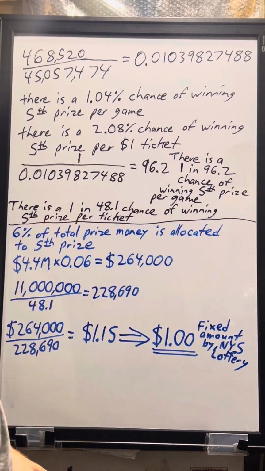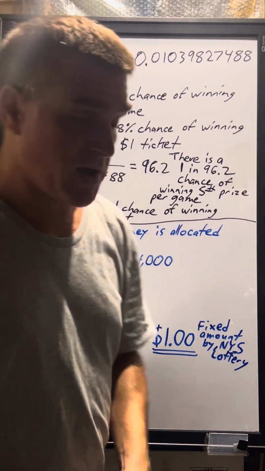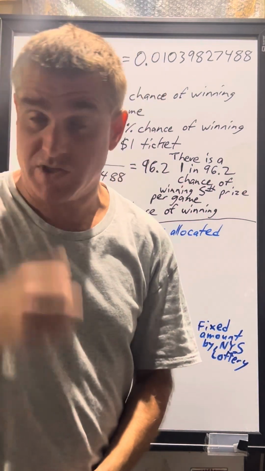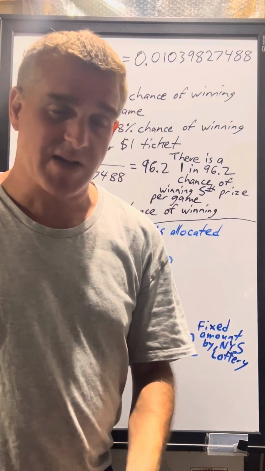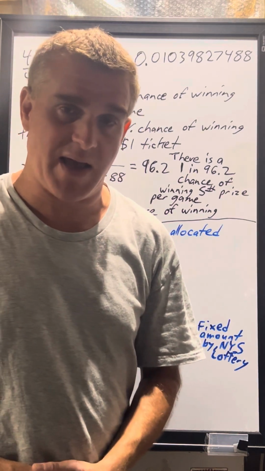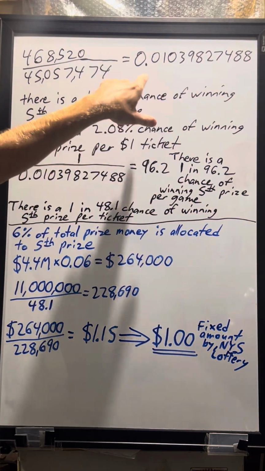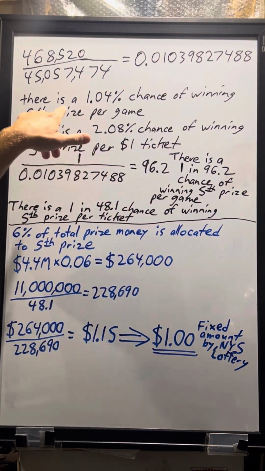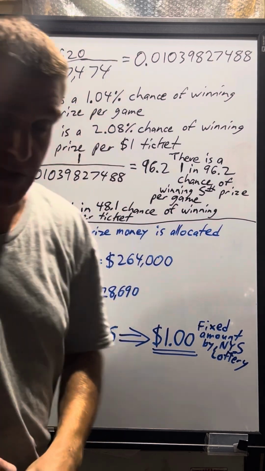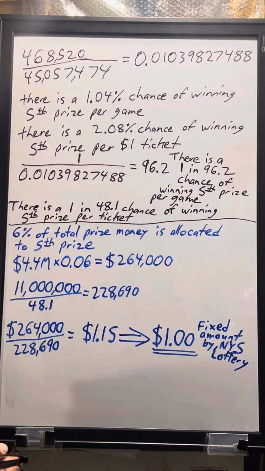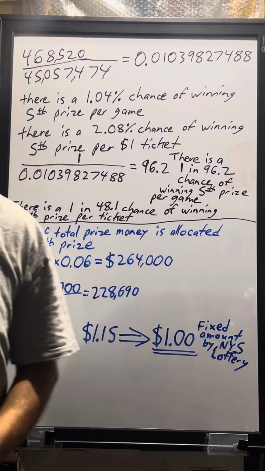Now, you want to calculate what are the percentages of winning. If you want to express the odds of winning as a percentage, you just multiply this number by 100, and what you have is there's a 1.04% chance of winning 5th prize per game.